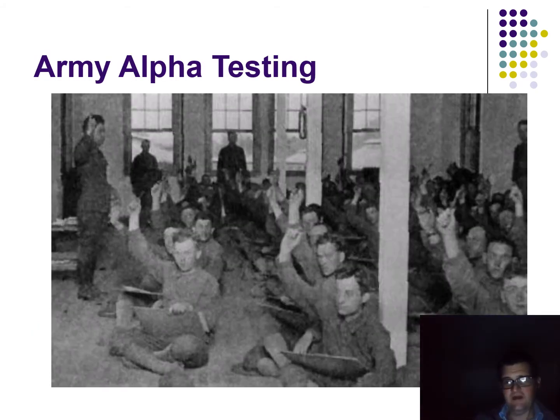This is a picture of the U.S. Army's testing using the alpha form, which was introduced during World War I. It was derived from the Piagetian IQ test, the Stanford-Binet approach, but designed to be administered not by a single psychologist to a single person, but to a whole room full of potential recruits.